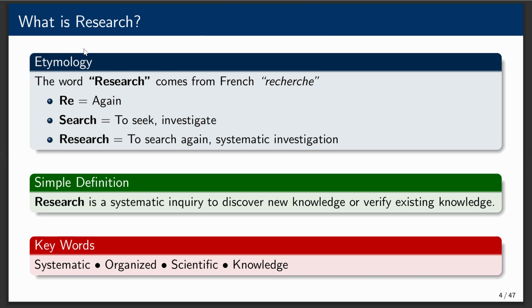So basically, re means again, search is to seek or investigate, so research is to search again, and it's a systematic investigation, right? And the simple definition is, research is a systematic inquiry to discover new knowledge or verify existing knowledge.